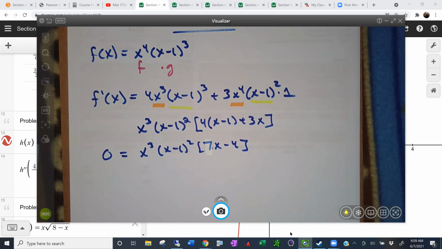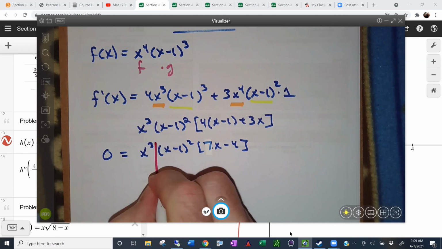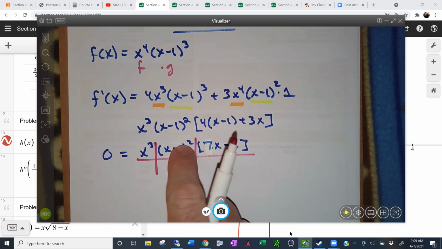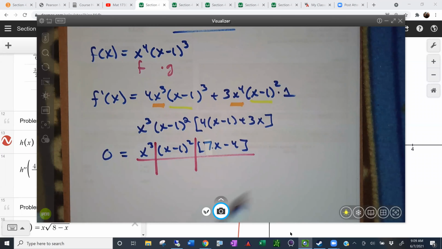Let's work on that. So here, and here, I've got this times this times this. All of that equals 0. Now, the nice thing about the zero product property is that when you have a product of things that equals 0, you know that at least one of them has to be 0.